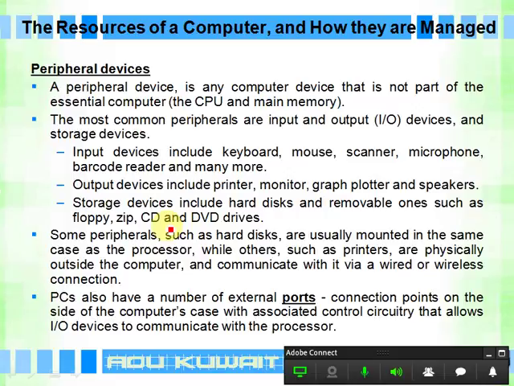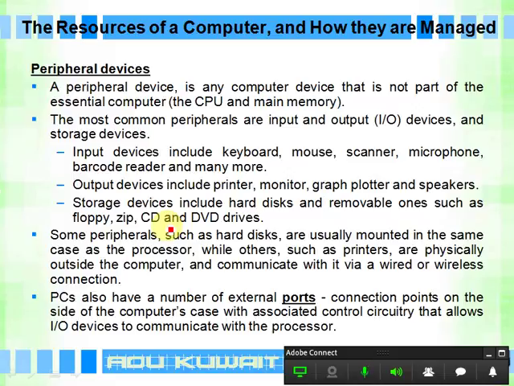Peripheral devices. Other devices connected with the computer apart from the main memory and the CPU are called peripheral devices. For example, input and output devices: monitor is an output device, keyboard is an input device, microphone is an input device, speakers are an output device. A peripheral device is any computer device that is not part of the CPU and the main memory, so the hard disk is also a peripheral device.